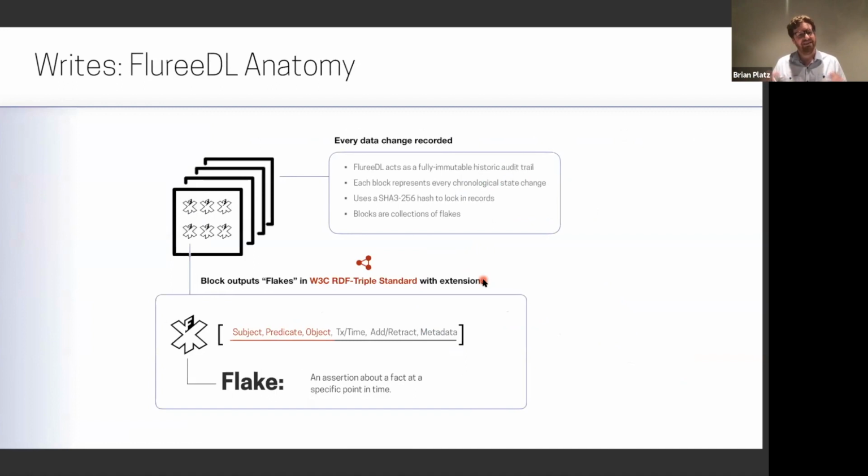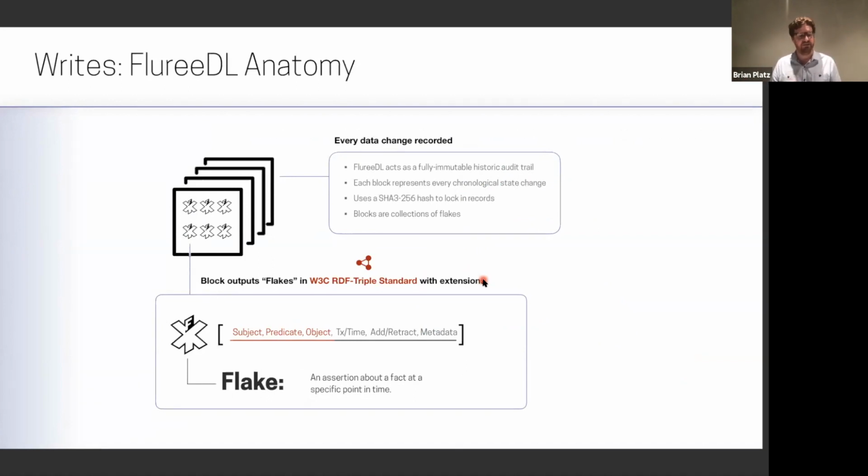So assuming that the data got written, assuming it passed all those transactional checks, what does the data look like? And this is really where RDF comes in. In Fluree, we call a piece of data a flake, but it's really just a simple extension to the RDF format. RDF is also often called triples.